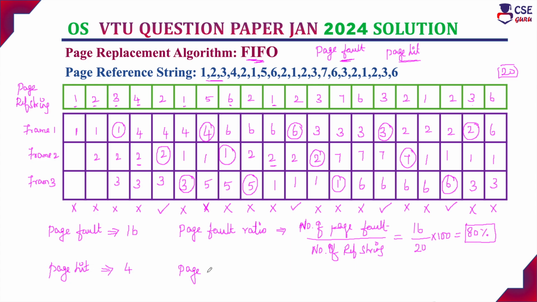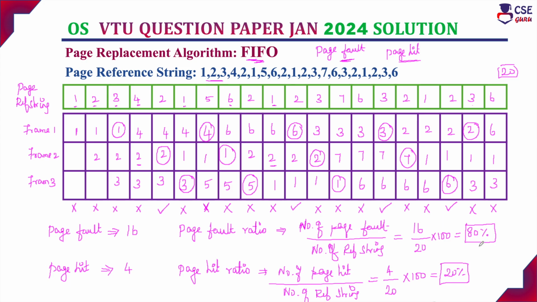Next, you need to find the page hit ratio. So the page hit ratio is nothing but the number of page hits divided by the number of reference strings. That is 4 divided by 20 into 100. So 20%. So the page fault ratio is 80% and the page hit ratio is 20%.